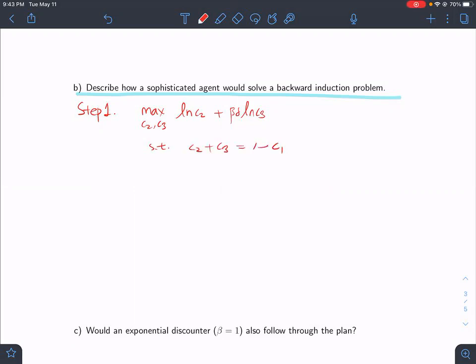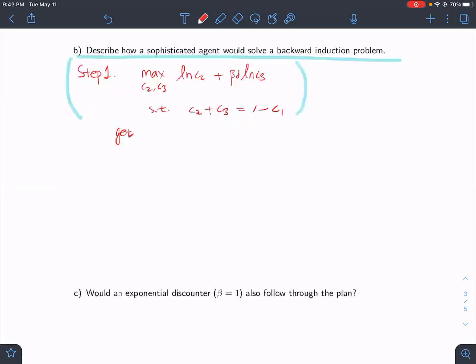So based on what is left of C1, I want to conjecture how the guy living on day 2 will behave. I just get C2 as a function of C1, C3 as a function of C1.